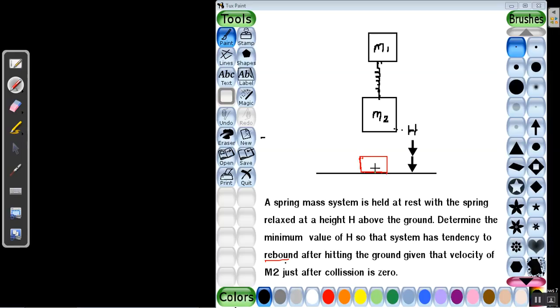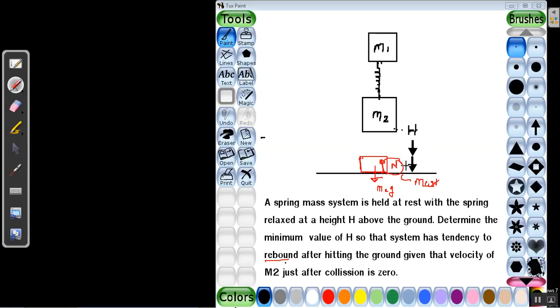So this is the m2, which has force on it, and this is N. I am saying that m2 has to rebound, so this force must be 0, because if it is going to rebound, m2 will just leave the surface.